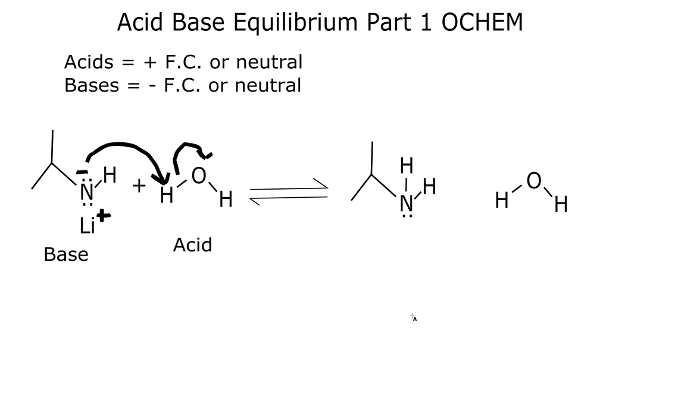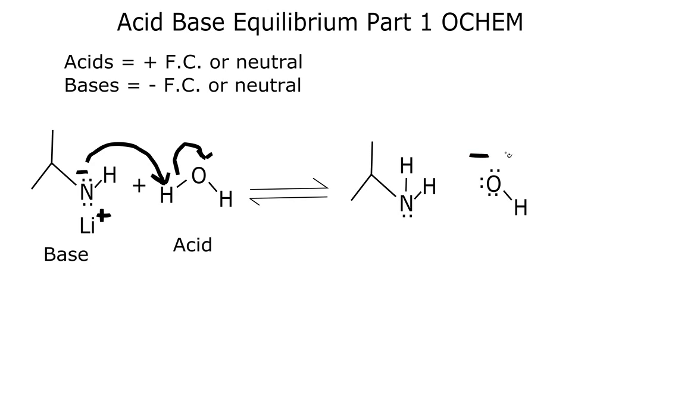So let's show our lone pairs. So we removed this hydrogen, this proton I should say, put it onto this nitrogen right here, and formed a bond. And we took this lone pair, or this bond really, and made it into a lone pair by breaking that bond and placing them onto this oxygen. So here's our lone pairs of electrons, and now we should see that this is a hydroxide anion, and a hydroxide anion has a negative formal charge on the oxygen.